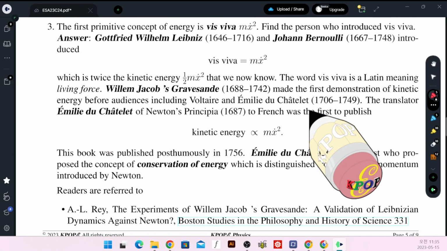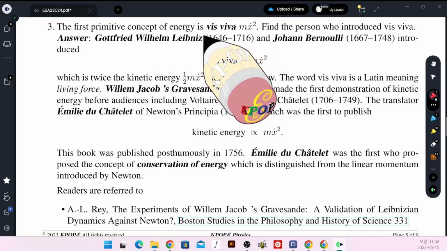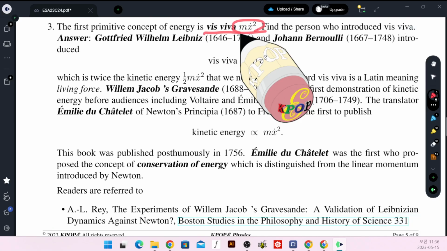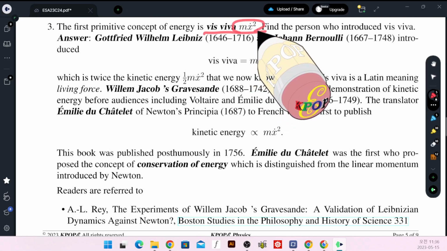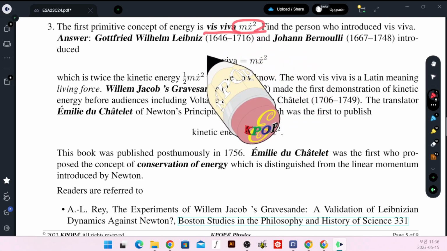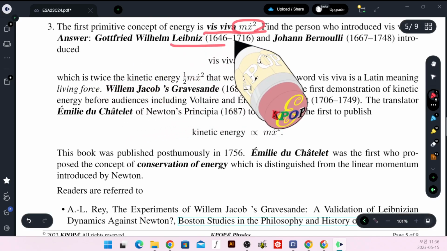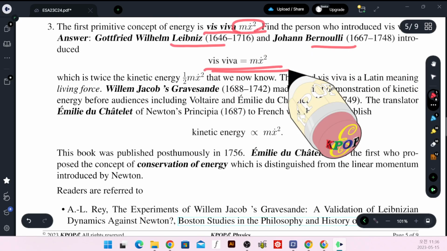Next, we are approaching the concept of energy. The first primitive concept of energy is vis viva. It is identical to the kinetic energy that we know, but it is m x dot squared; the factor of 1/2 is missing. Leibniz and Bernoulli introduced vis viva.